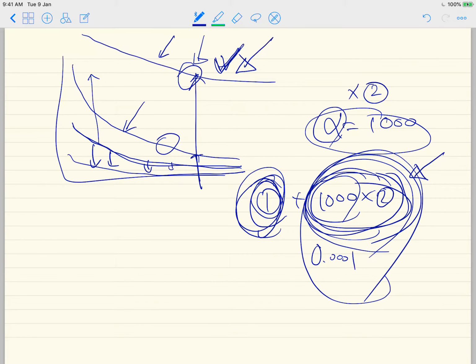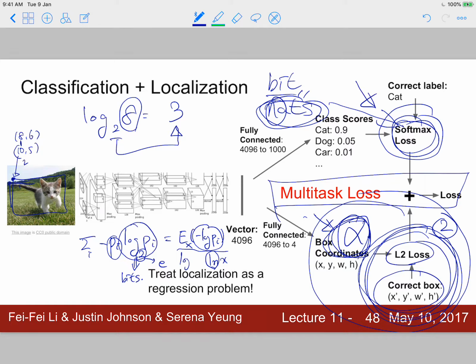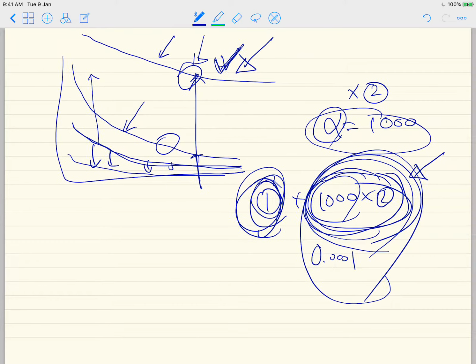It will focus on the first one, which means that in that case we will only focus on correctly classifying the image, but not correctly predicting the bounding box. So this is the most straightforward way of monitoring these, and having a sense about how to adjust this parameter alpha.